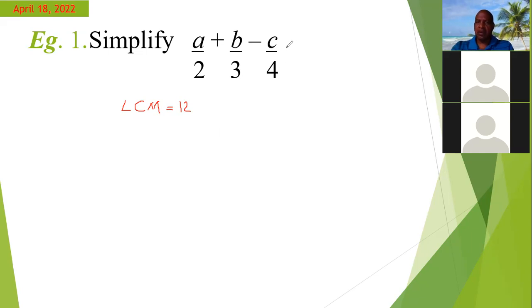What we are saying is that our LCM now has to be 12. So we could do it this way if you wish, just showing you different ways that you can approach it. All three numbers must have 12 as their denominator, so we write back each of them with the denominator 12.